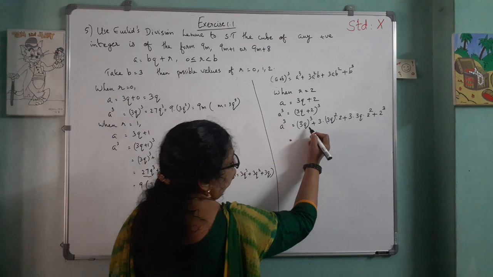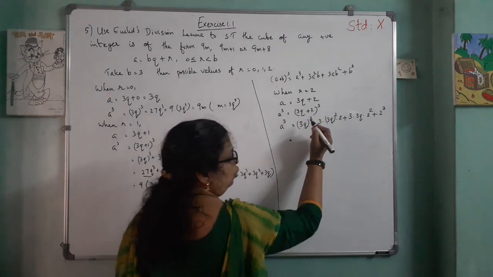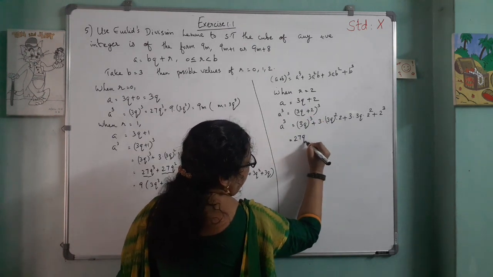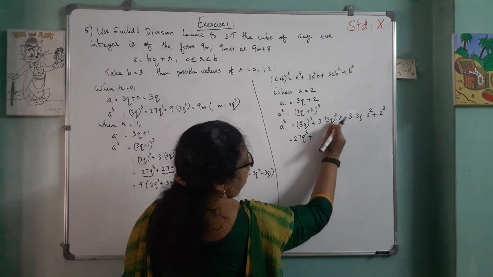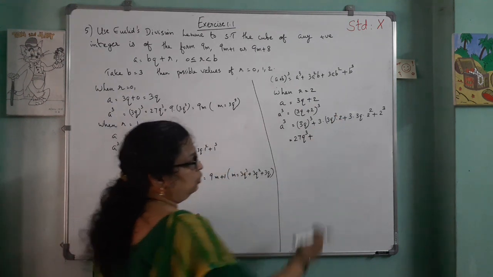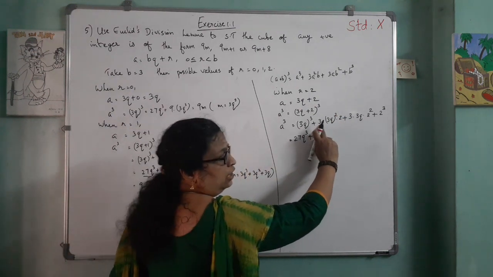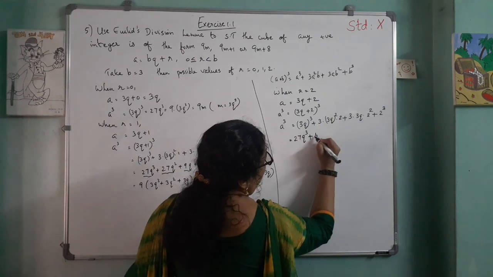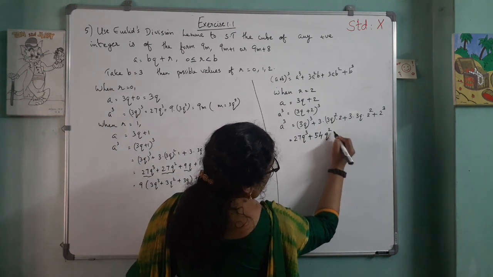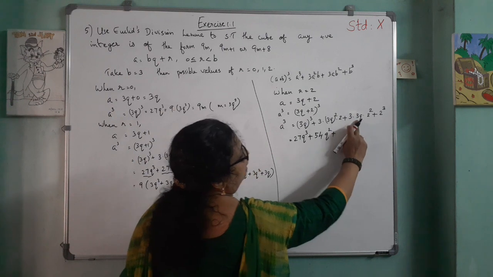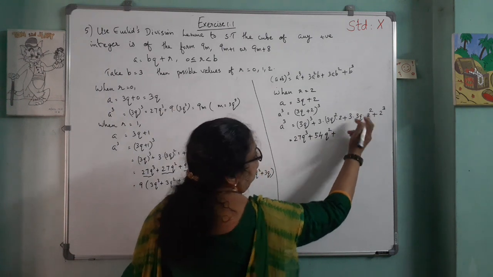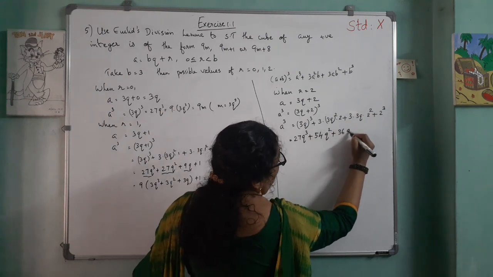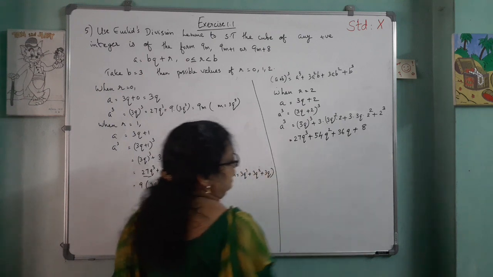So it is equal to 3q the whole cube, that is 3 cube, 27q cube, plus here 3q the whole square is 9q square, so 9 into 3 is 27, into 2 is 54q square, plus 3 into 3 is 9, into 4, 2 square, 9 4s are 36q, plus 2 cube is 8.